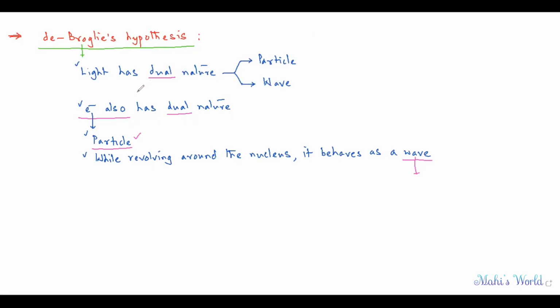We have already discussed the characteristics of a wave, like wavelength, wave number, frequency, etc. Now, stating this, de Broglie also derived an expression for calculating the wavelength of electron, which can be given as lambda is equal to h by mv. This is the relation used to calculate the wavelength of electron.